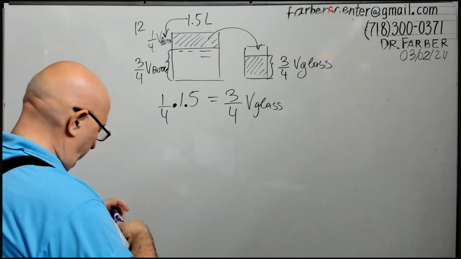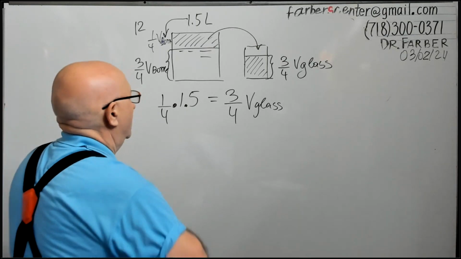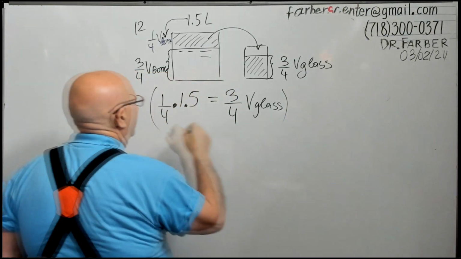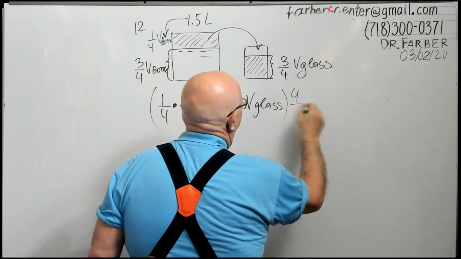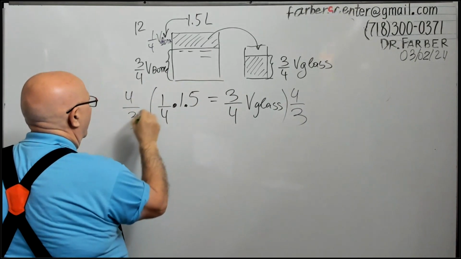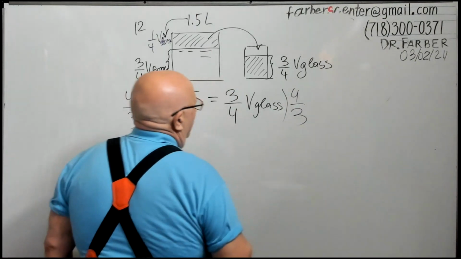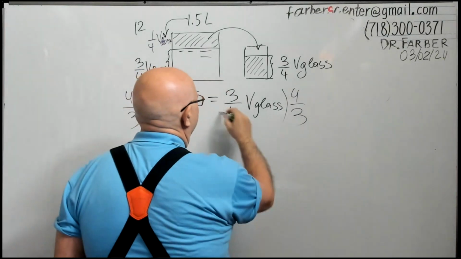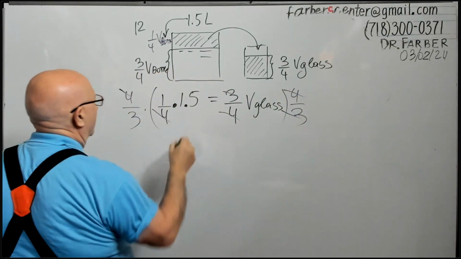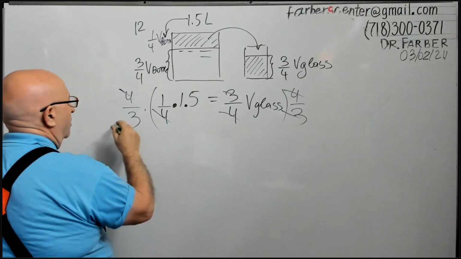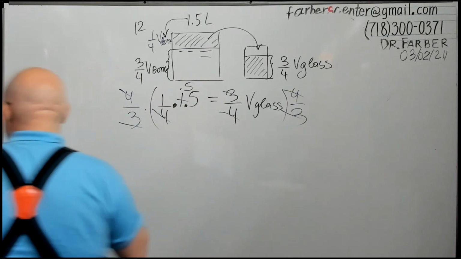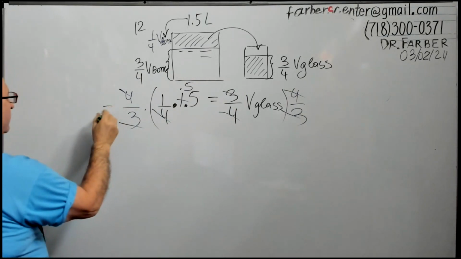Take a different color and multiply reciprocally both parts by 4/3. Okay, so cancel out. 3 goes into 1.5, 0.5. And you get 0.5 liters.